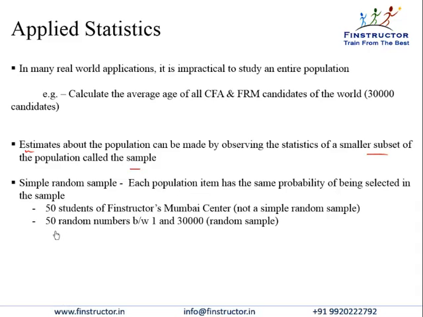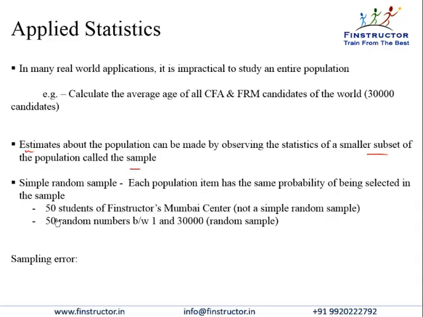If I choose any 50 random numbers between 1 and 30,000, then that sample would be a random sample, and if I take the ages of those 50 candidates and take their average, then that will be an estimate from a simple random sample.